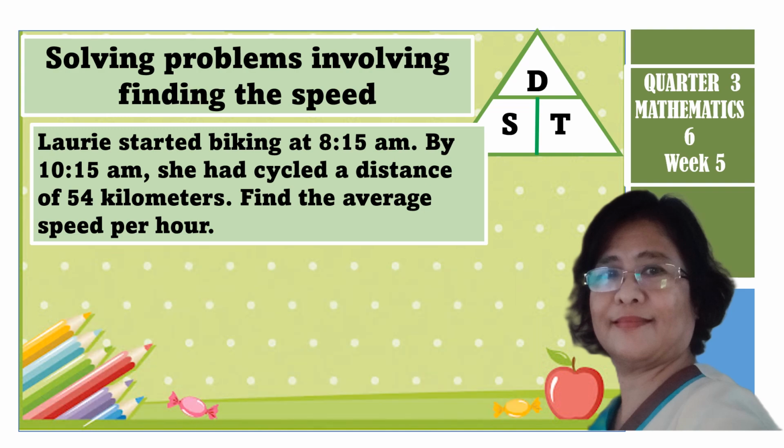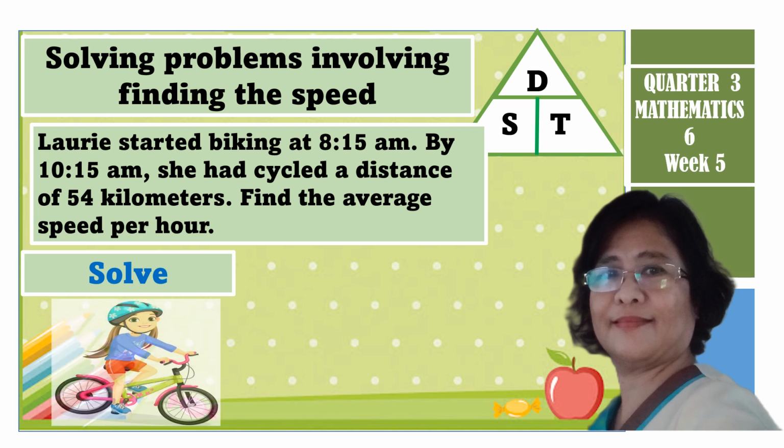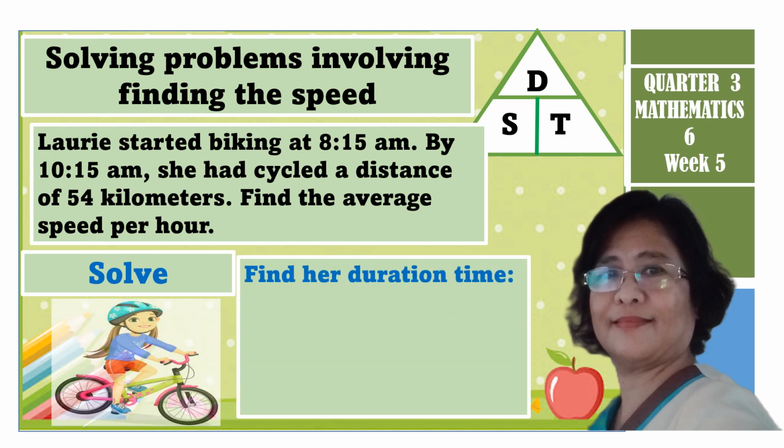Now that we have planned, let us execute the plan. Let us now solve. How many hours between 8:15 to 9:15? Correct. 1 hour. From 9:15 to 10:15 is another 1 hour. So therefore, the duration of time is 2 hours.